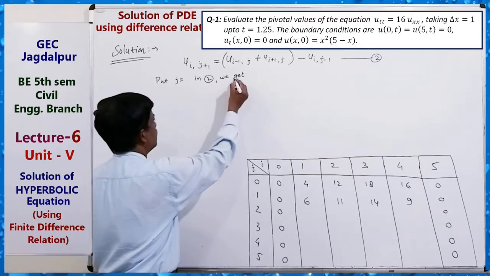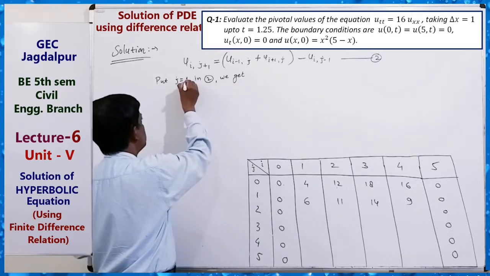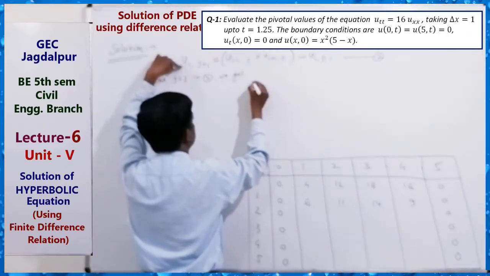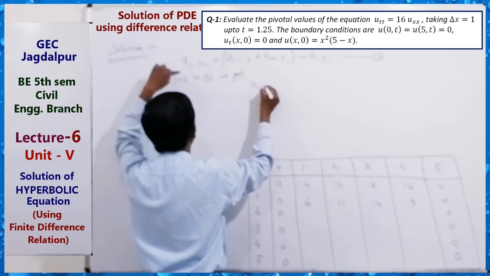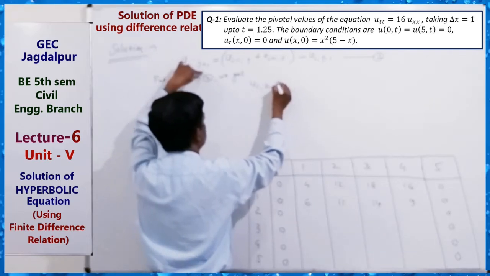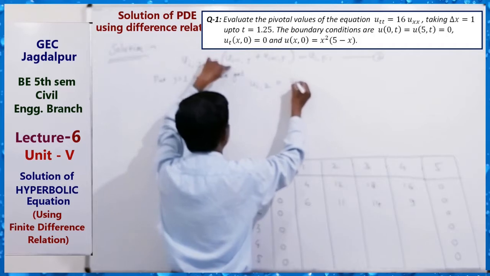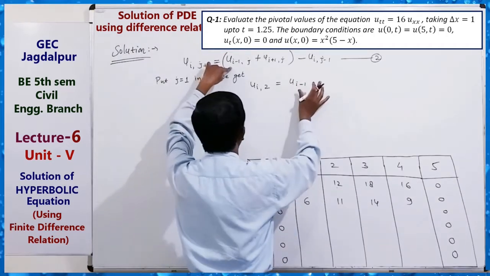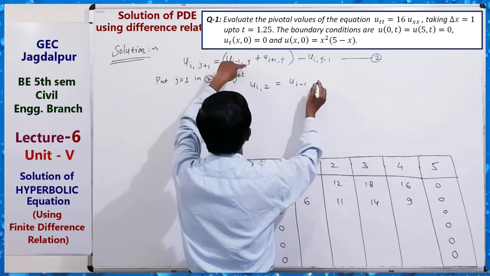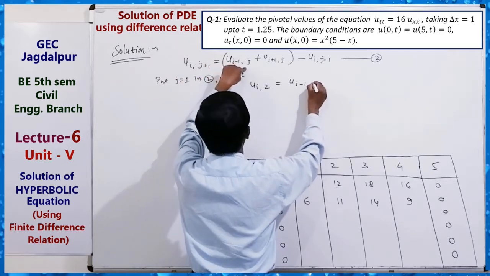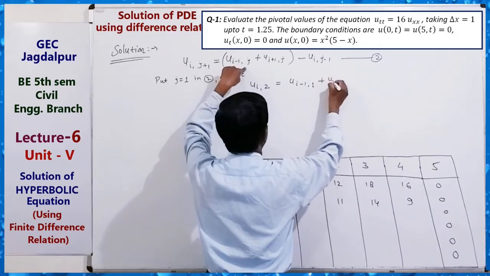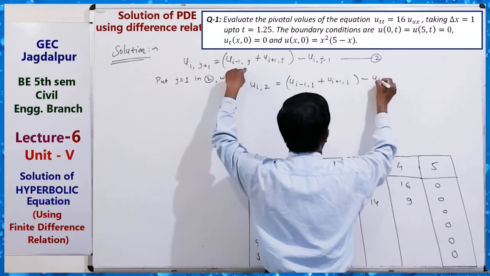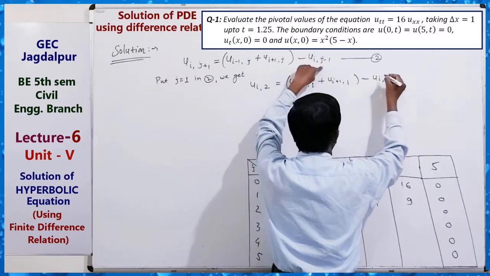Okay, so here j equals to 1, first 0 and then 1. Just put 1 in here, then we get u(i,2) equals to u(i-1, j=1) plus u(i+1, 1) minus u(i, 0).